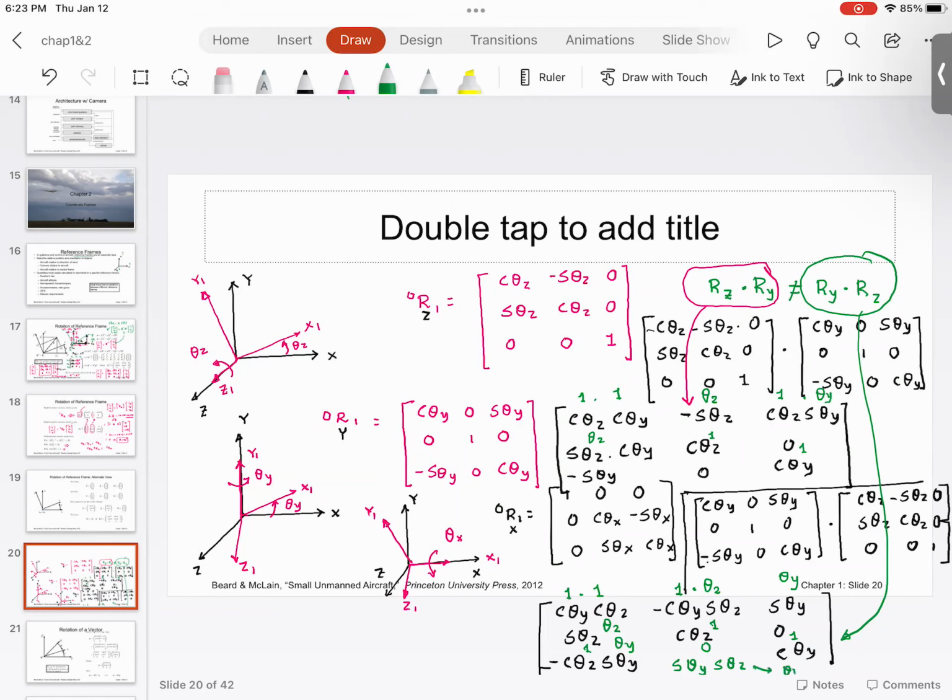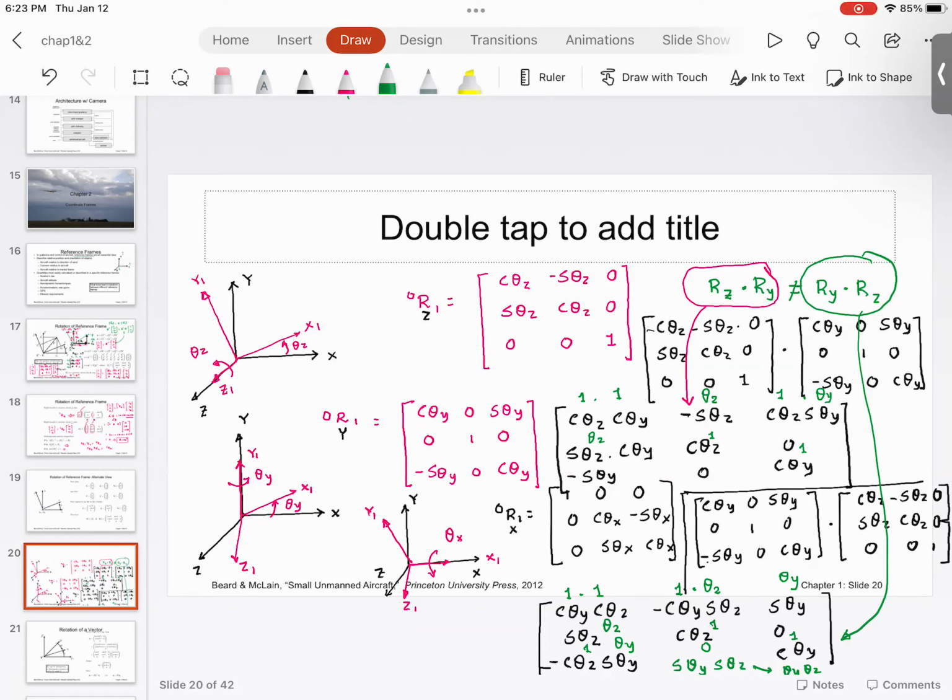This will be theta y and theta z. Do you agree with me? Theta y itself is a small quantity. Theta z itself is a small quantity. When two small quantities multiply each other, what happens? You get a smaller quantity, which means this value gets approximated to 0.